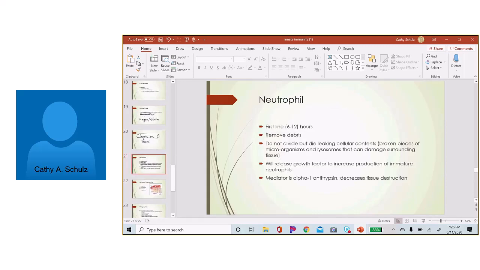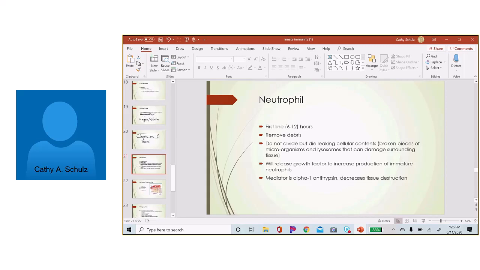They are the first line of the cellular response, and their sole job is to remove debris. So if it's just a wound from a burn that's not infected, or maybe you fell, it's a traumatic, direct injury, whatever the original source was, we have to clean up the dead tissue.